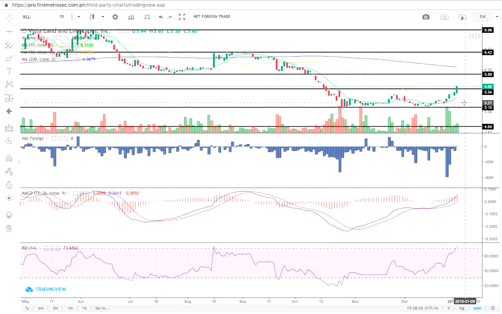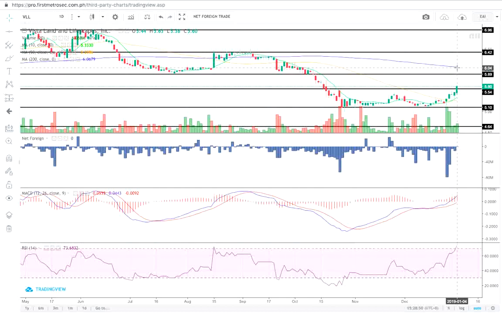But when we check its position from a long-term time perspective, I would say that VLL needs to break out above the 6.0 territory or level, so that it would regain its bullish position in the long-term time perspective. Why 6.0?